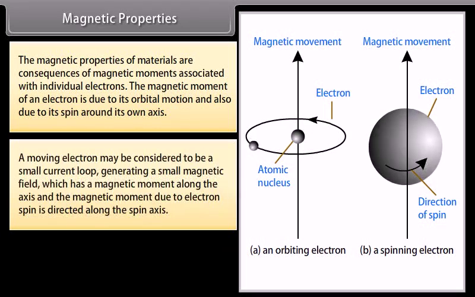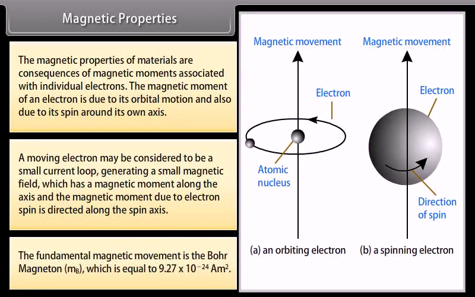A moving electron may be considered to be a small current loop generating a small magnetic field, which has a magnetic moment along the axis, and the magnetic moment due to electron spin is directed along the spin axis. The fundamental magnetic moment is the Bohr magneton, μB, which is equal to 9.27 × 10^-24 Am².